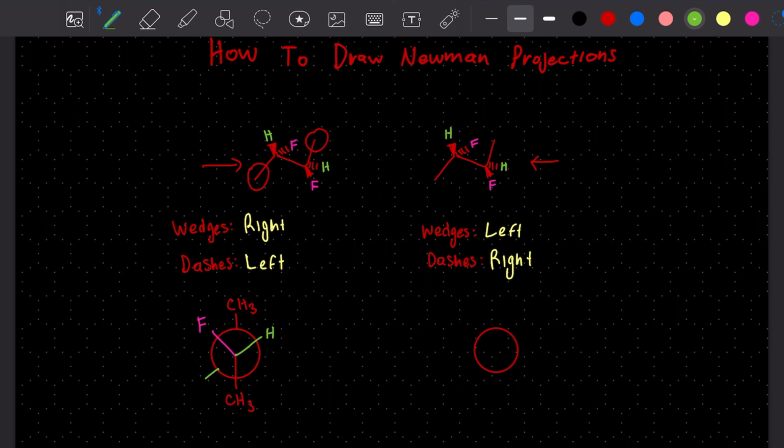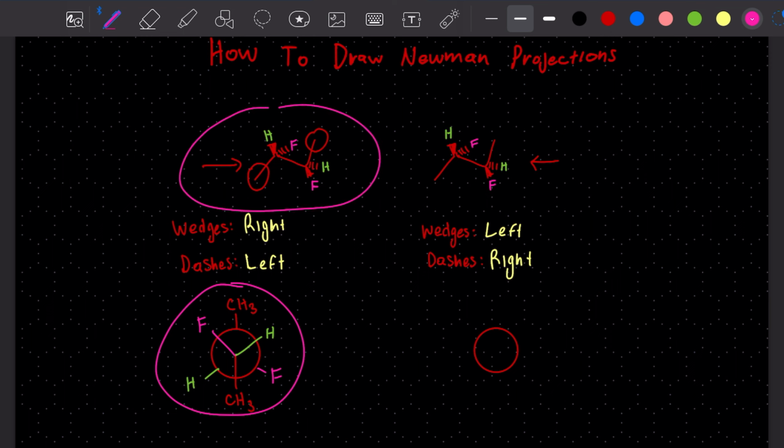So it's going to be a hydrogen to the left in our back carbon. And finally, we have our fluorine this time. It's on a wedge, so it's going to go to the right side. So our fluorine is going to go to the right side. And this is going to be our Newman projection for this molecule right here.